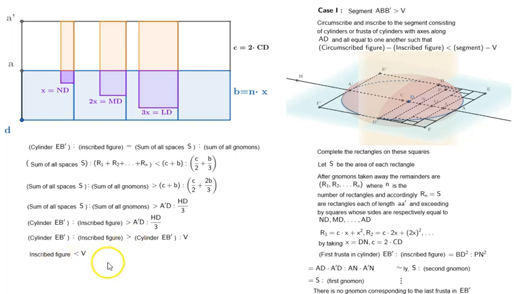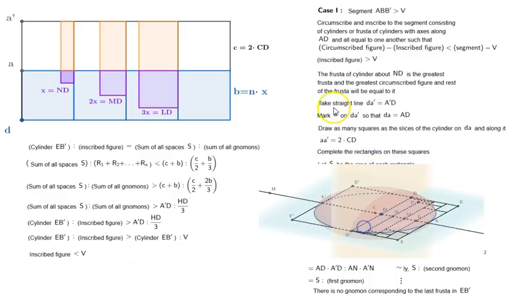But we have reached a contradiction. Why? Because we started off with the inscribed figure greater than V, and here we are ending up with the inscribed figure less than V. So, since we have a contradiction, we can say segment ABB prime is not greater than V.